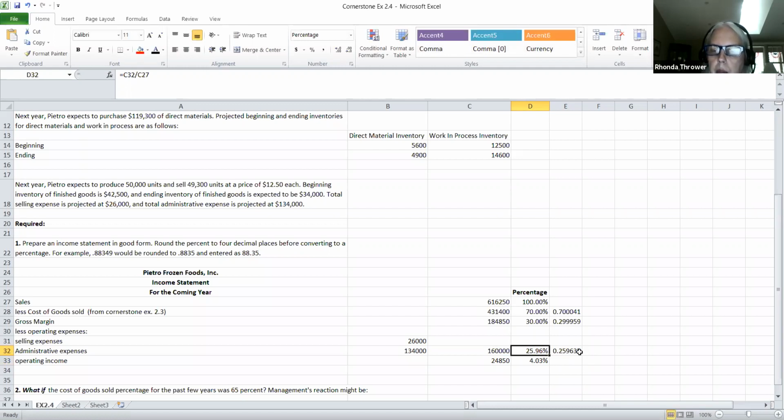Carry it out 5 places, round it back to 4, and then move your decimal 2 places to the right. And that will give you the percentage. For your operating income, it's done the same way. You take your total amount of your operating income, divide it by your sales, and that will give you this, and then round it or make it a percentage like this.